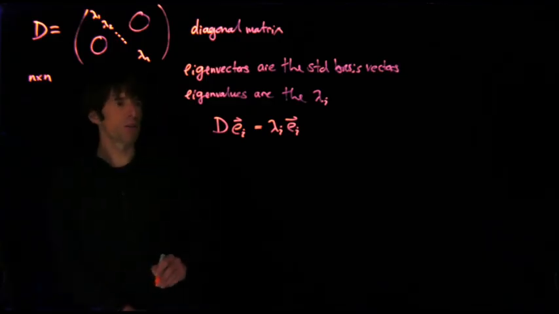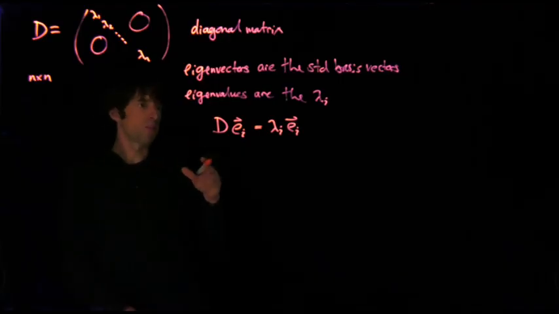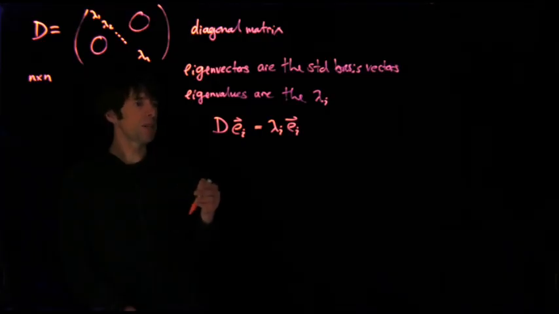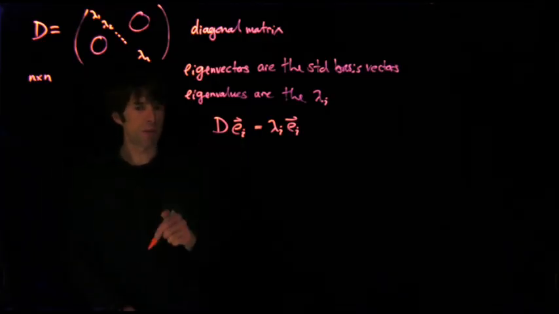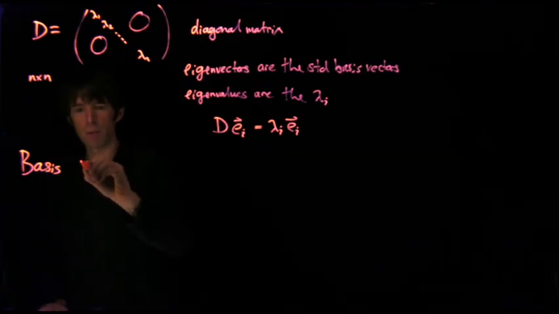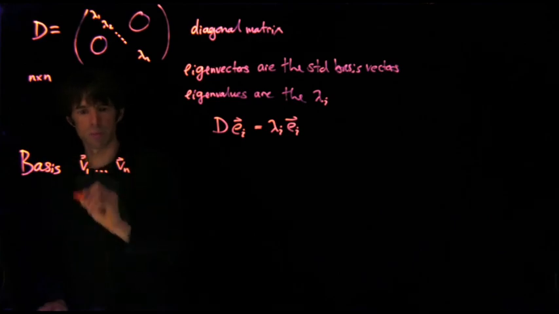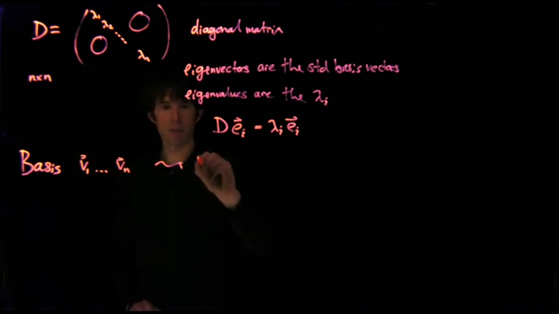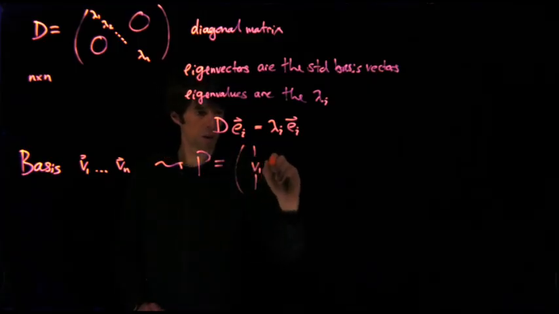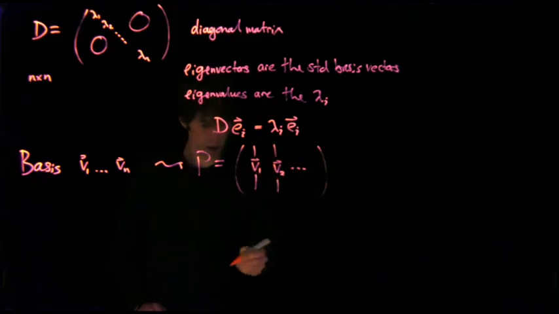Now, let's consider what happens if we want a matrix that has a bunch of eigenvalues, lambda 1 through lambda n, but the eigenvectors might be some different set of vectors. So let's take some arbitrary basis, v1 up to vn, and we make from this our matrix P, which has v1 as the first column, v2 as the second column, and so on.